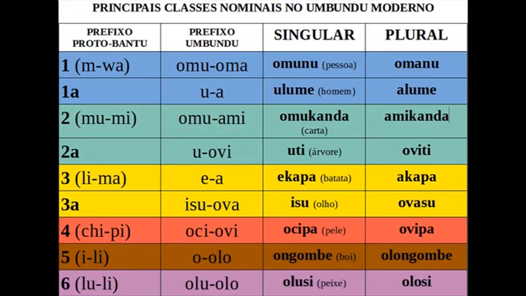The class system no longer makes much sense, except that, as I said, the first class is typically for humans, and the fourth class is typically for a number of inanimate or diminutive nouns. But other than that, it's very hard to tell what meaning is attributed to each class.